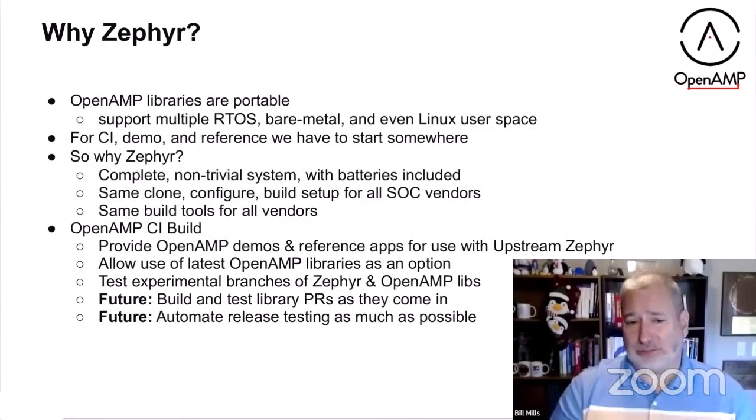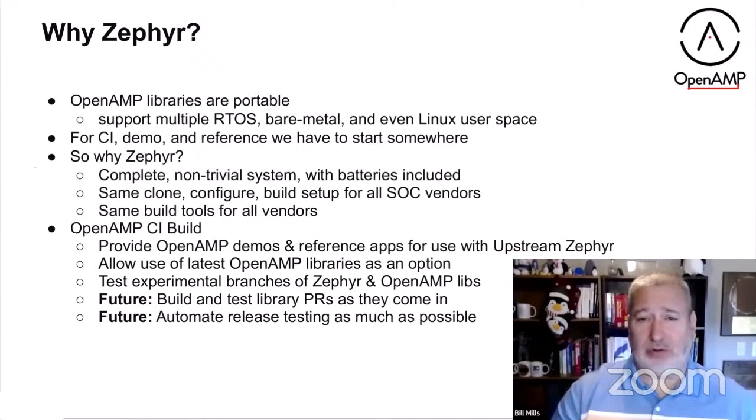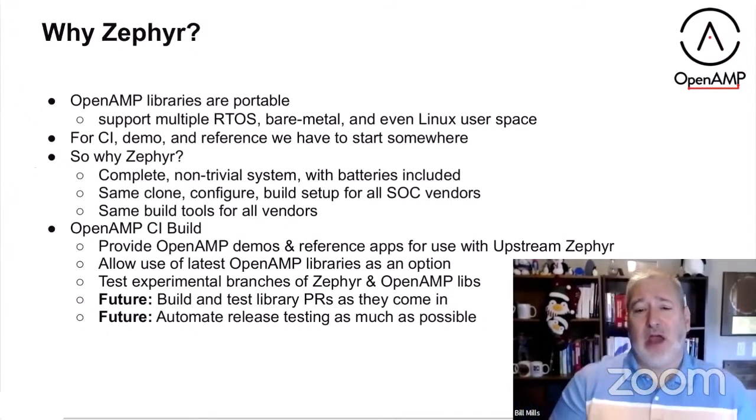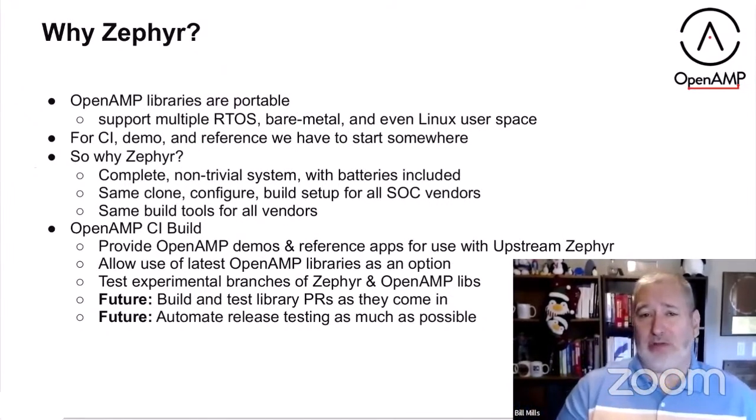So why Zephyr? The libraries are portable. They work on multiple RTOSes. They work on bare metal. They work on Linux user space. But we have to start somewhere on the CI, and we believe Zephyr was a good place to start. Zephyr is non-trivial. It has lots of bells and whistles we can use in demos and things. We can show minimalistic systems.